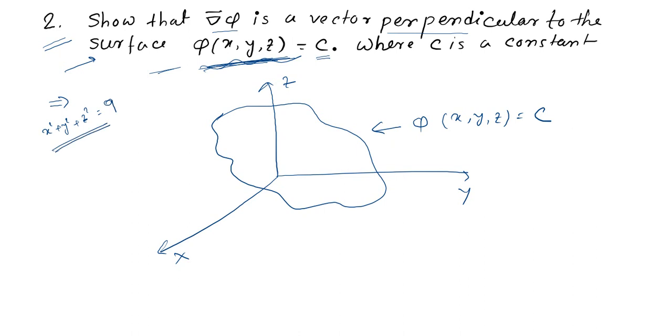So for this type, if any surface is represented by this equation where the right hand side is constant, left hand side is a function of xyz and right hand side is a constant, for this type of surface, if you take the gradient at any point, for example let's say at that point P, this gradient will always be perpendicular to this surface at that point.